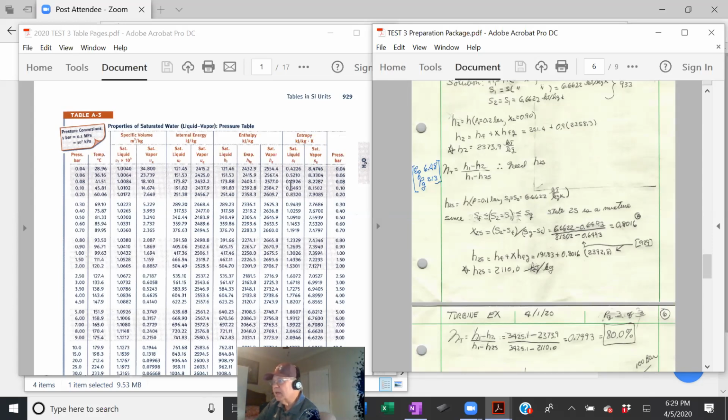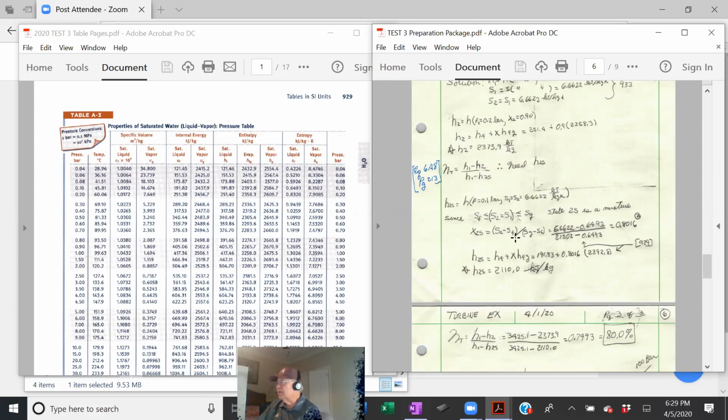So I know I'm dealing with a mixture with a quality of X. So how do I calculate X? Well, X at 2S is just S2 minus SF at 0.1 bar over SG minus SF. And you know there's no SFG here, so I have to calculate SG minus SF.